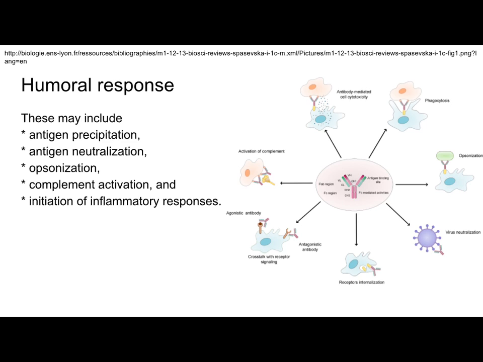The cell-mediated response is cell-on-cell combat. The humoral response is you have one cell secreting lots of little drones, and those drones are going to cause all sorts of trouble.